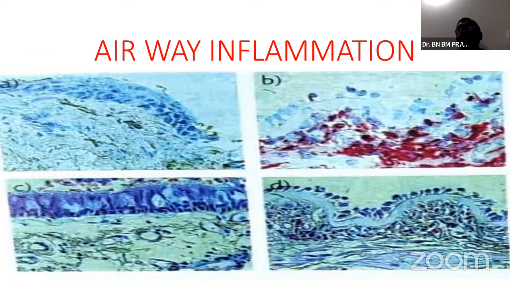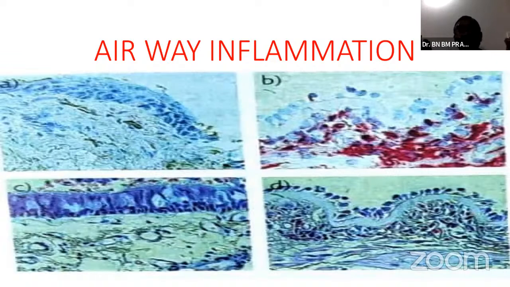And this airway inflammation, specifically in case of asthma, is a type 2 airway inflammation where there is predominant release of interleukin 4, 5, and 13. They are the ones which are related to the eosinophilic maturation, migration, and release of these various cytokines.